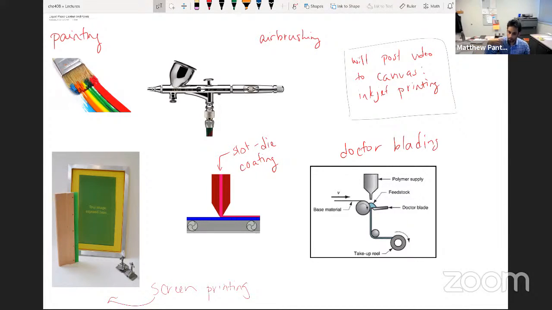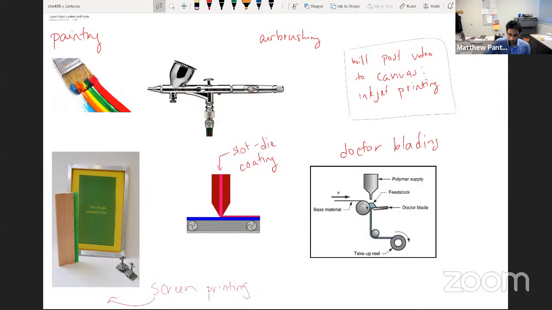You can apply a coating very uniformly like that, and you roll it up in the end, as you can see at the bottom. So again, that's a very common technique also. I believe that was developed in the early days of film processing, where they were making these giant rolls of film that they end up cutting up and using as photographs.